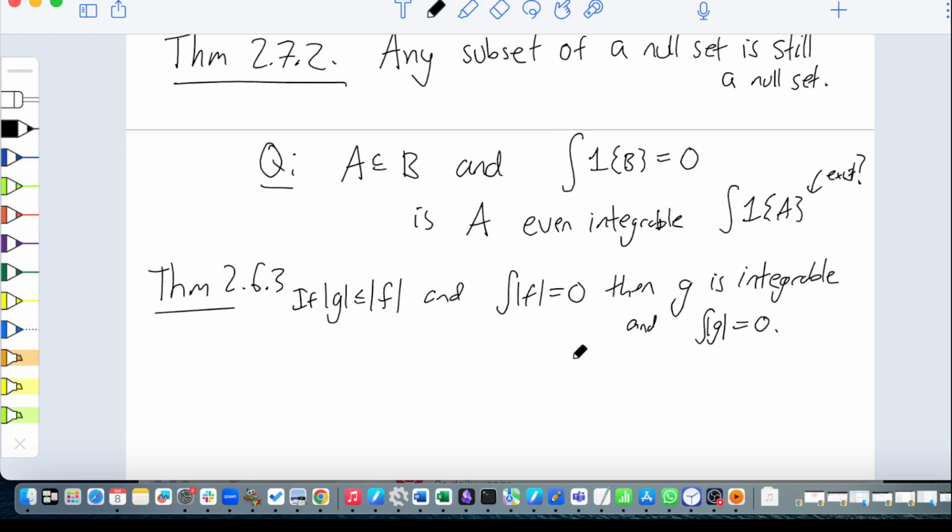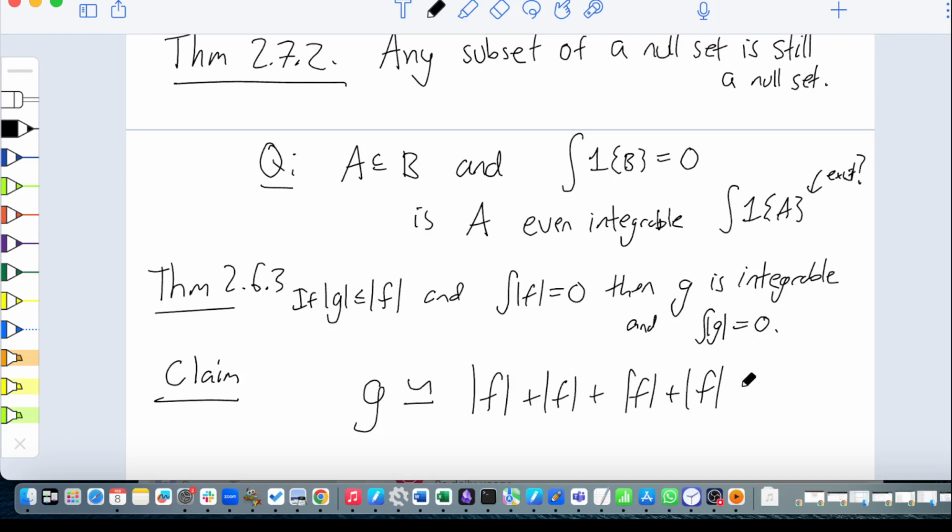But let's do this one. This has a really funny proof. Here's the claim that looks so bizarre: g is sim-equal to the following infinite series, f plus f plus f plus f plus dot dot dot. You add up f's forever. This seems totally crazy, right?